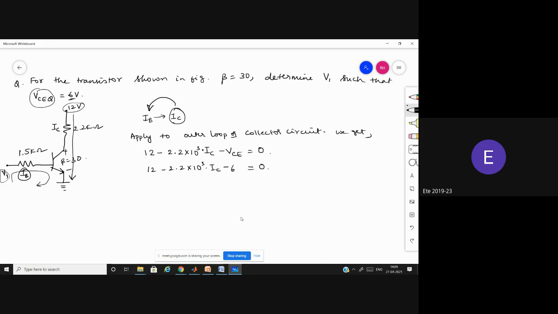That means even this circuit acts as an amplifier. Now rearrange this and get me the value for IC. 6 minus 2.2 into 10 to the power of 3 into IC is equal to 0. So IC is equal to 6 by 2.2 into 10 to the power of 3.